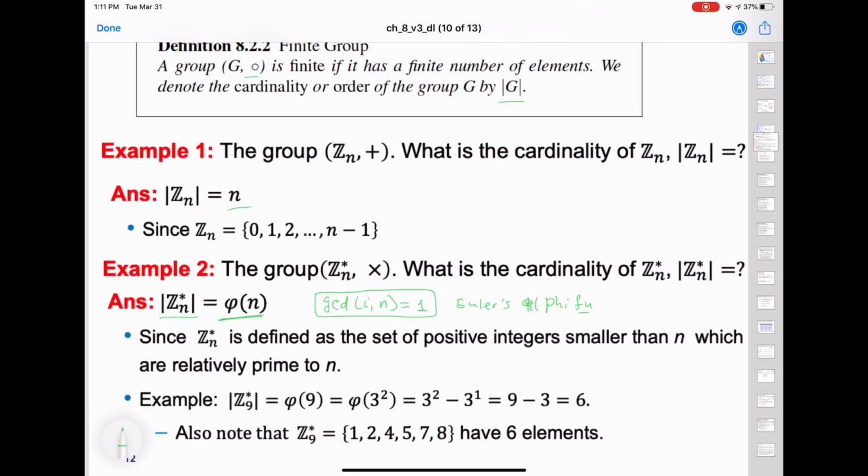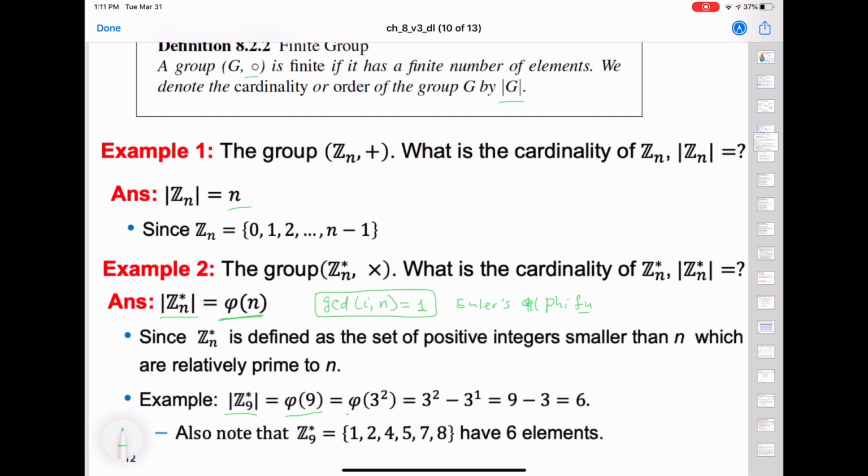So for example, what is the cardinality of Z9 star? This is phi of 9. What is phi of 9? You can evaluate that, or you can calculate it with GCD. How can we evaluate it? First of all, we rewrite 9 as 3 to the power of 2.